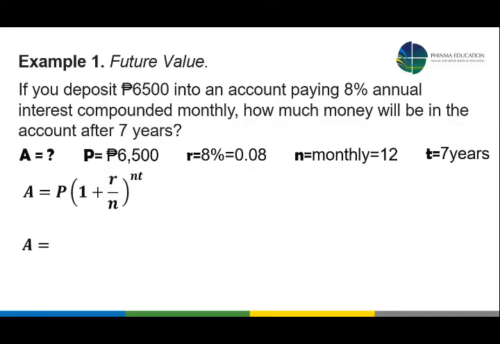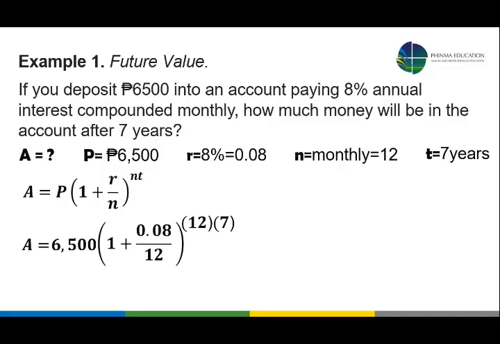So that would be principal of 6,500 multiplied by 1 plus 0.08, the rate, divided by 12, which is n, raised to n, which is 12, multiplied by 7.